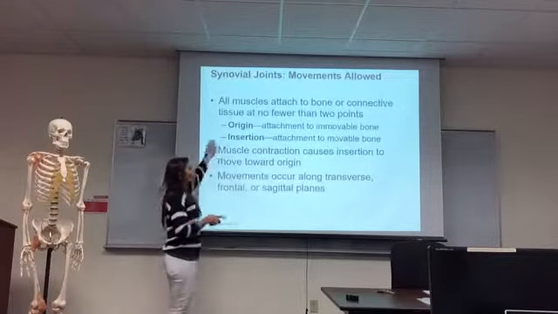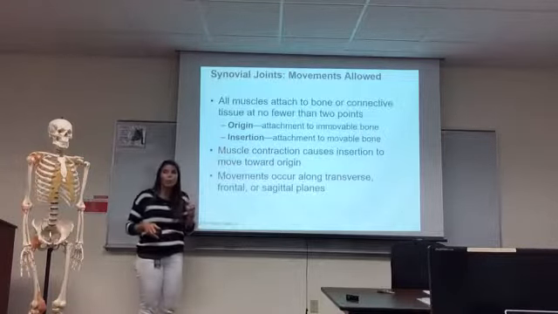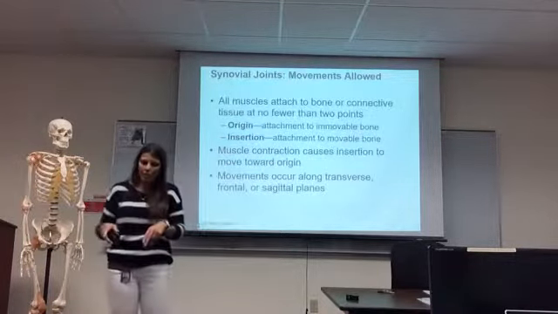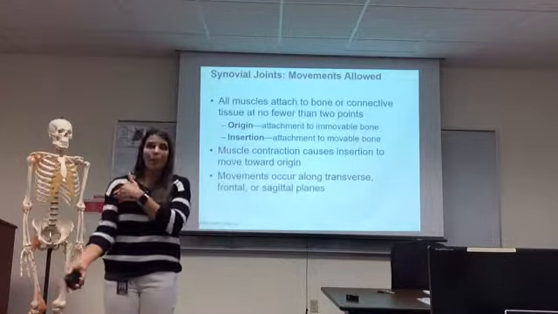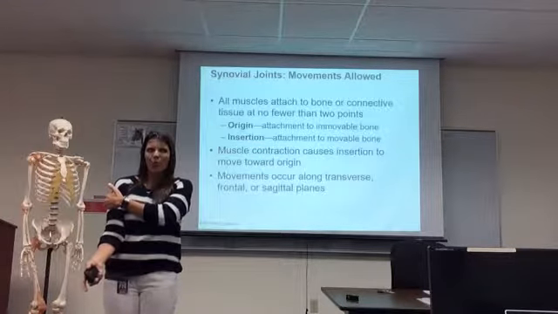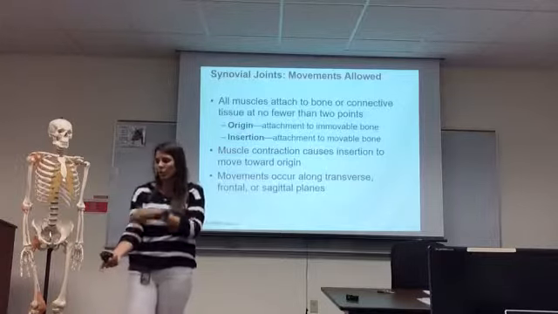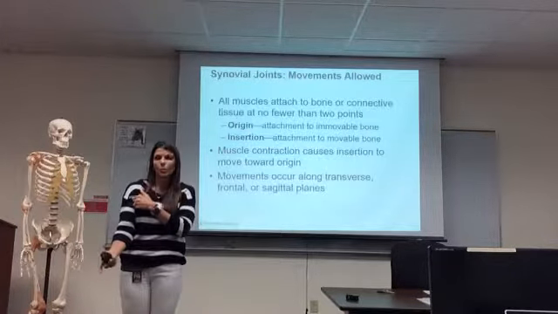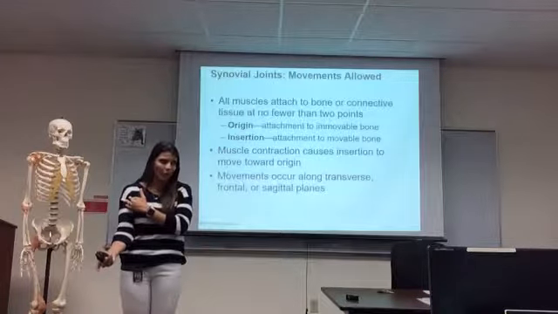Origin and insertion. Origin is where a tendon or muscle is attached to the immovable bone. Insertion is where it's attached to the movable bone. Let me tell you what that means. For example, my bicep. When I flex my bicep, does it move my humerus? It moves my forearm. So it inserts there. Its origination point, where it attaches to the immovable bone, is my humerus.